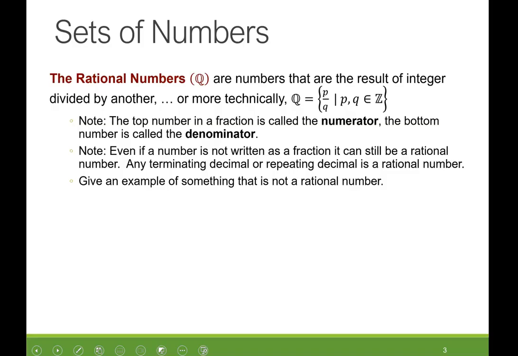What kind of decimals are also going to count as rational numbers? There's 2 major types. Is 0.25 a rational number? Can you write it as a fraction? Oh, yes, what fraction is it? 1/4, right? So what's special about 0.25 that immediately tells you can write it as a fraction?